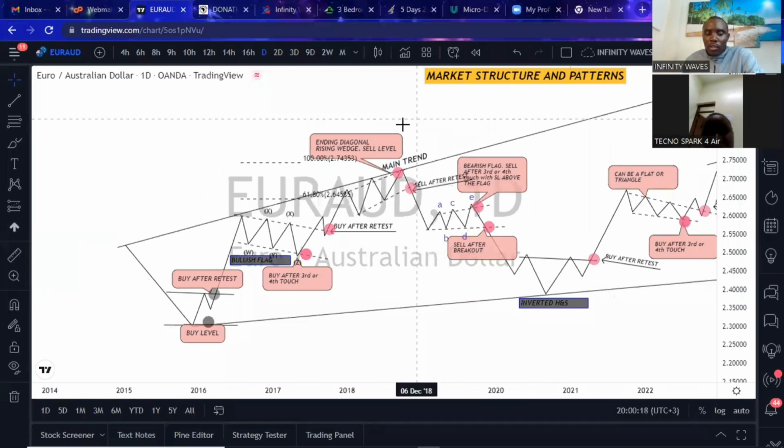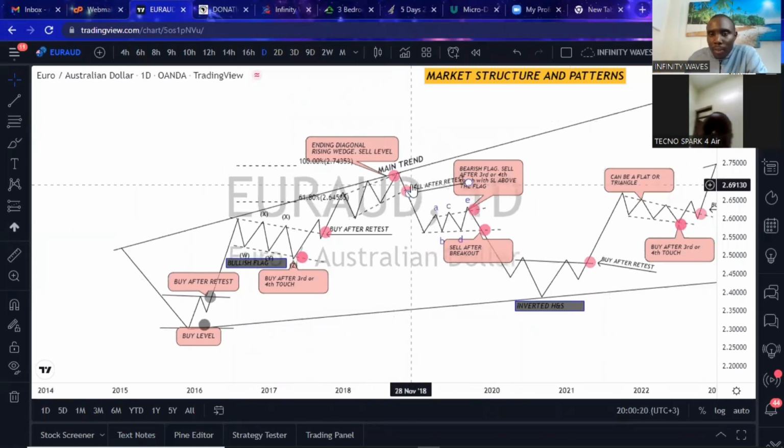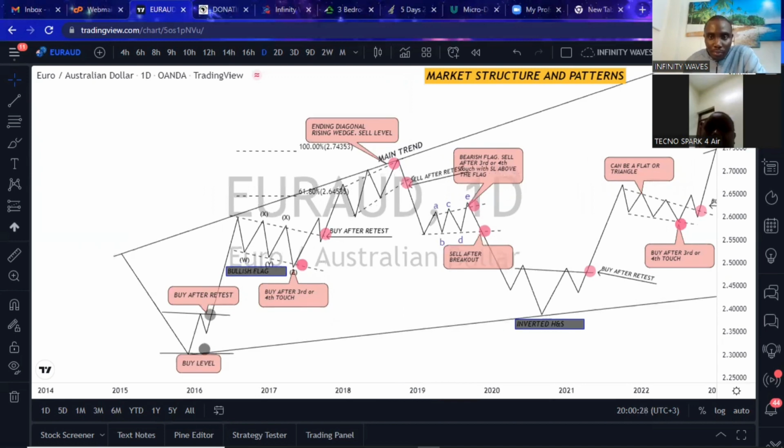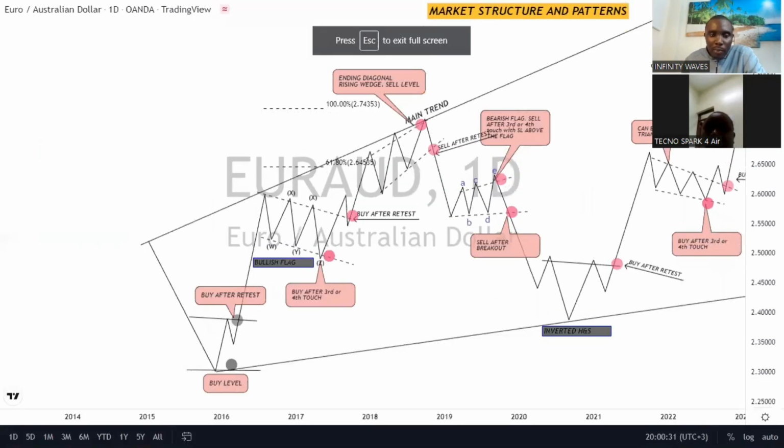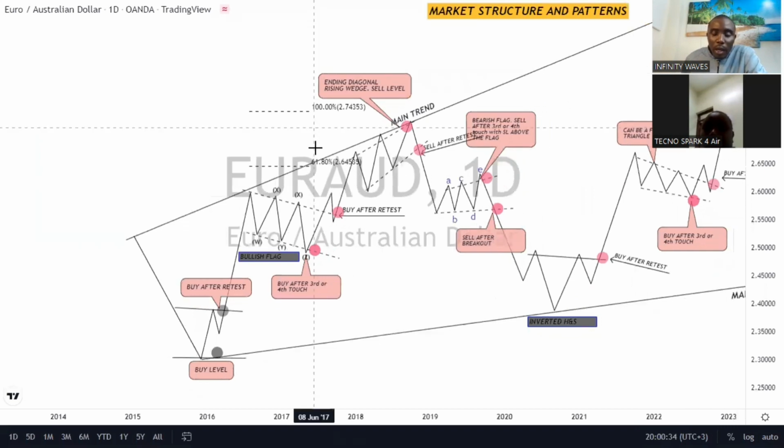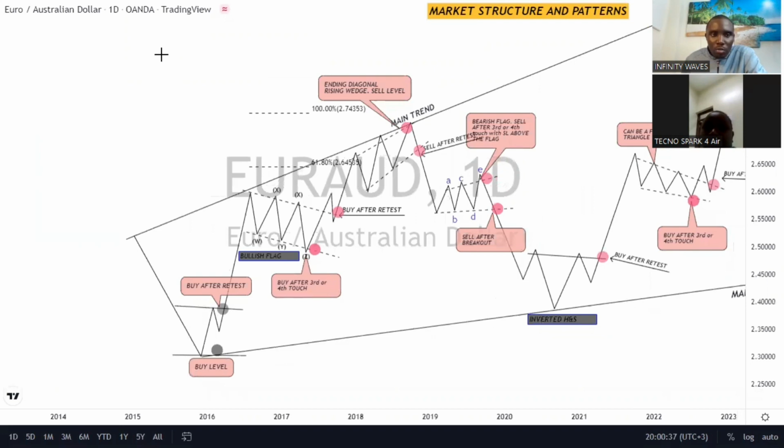So this one in front of you is just like a blueprint, a roadmap of what to expect when it comes to doing analysis on the charts. Don't always expect the market to behave according to your structures or according to how you are doing your analysis.